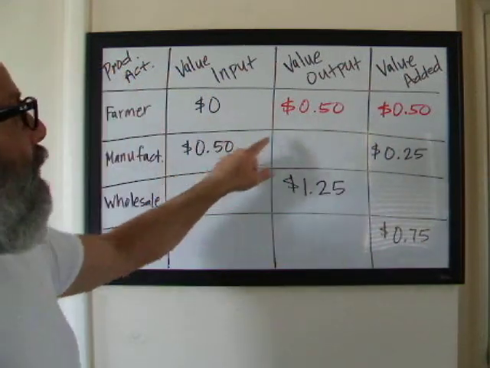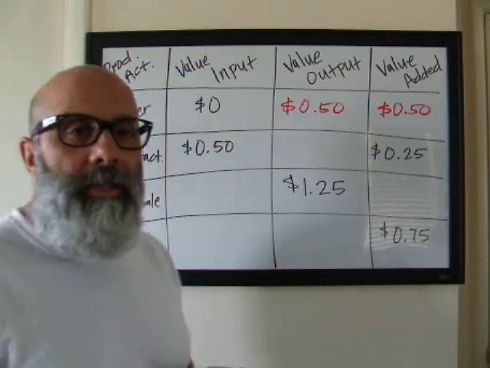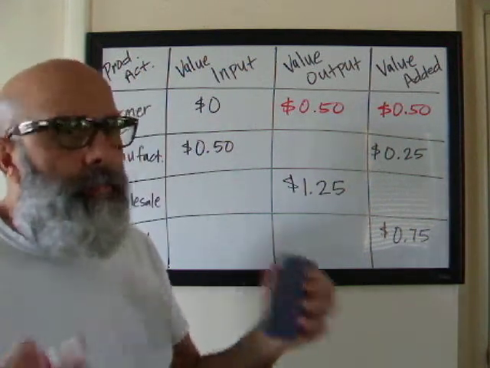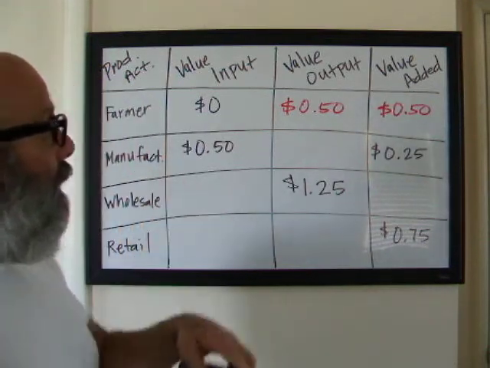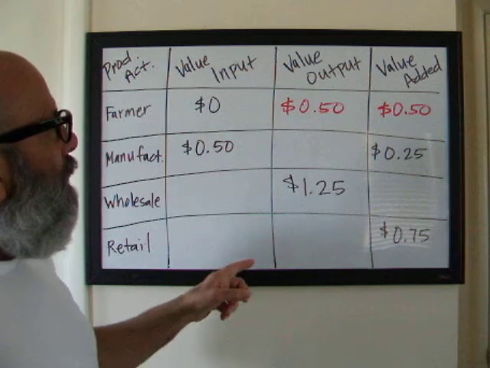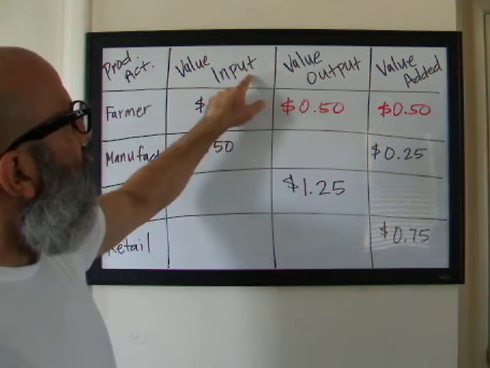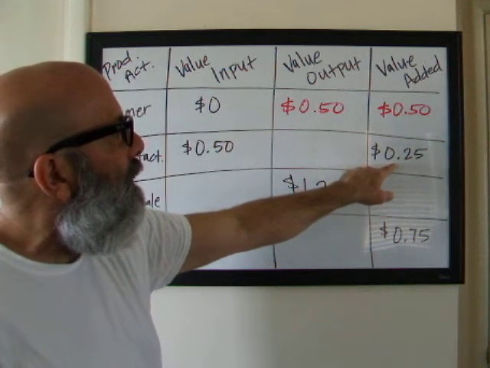So the manufacturer pays the farmer 50 cents for the avocado. Now the manufacturer gets it and they're going to process it and package it and wash it and put it into boxes and put it on a truck and send it to a wholesaler. We know that the difference between the value of the output and the input is going to be the value added. And here it says that you're getting 25 cents added.